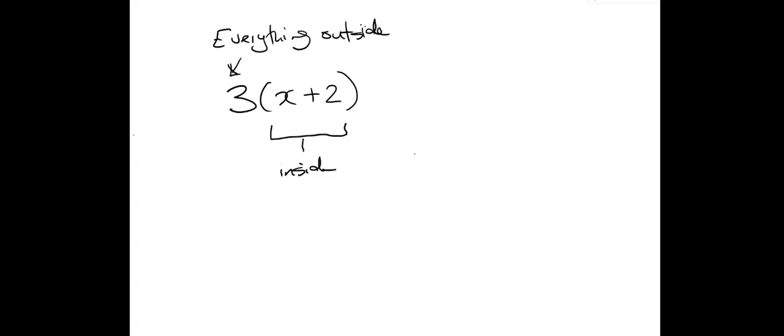But here we have to do it term by term. 3 times x is 3x. But now we have to do 3 times positive 2. And that's going to be 6. And we're done. That's what expanding out brackets means.